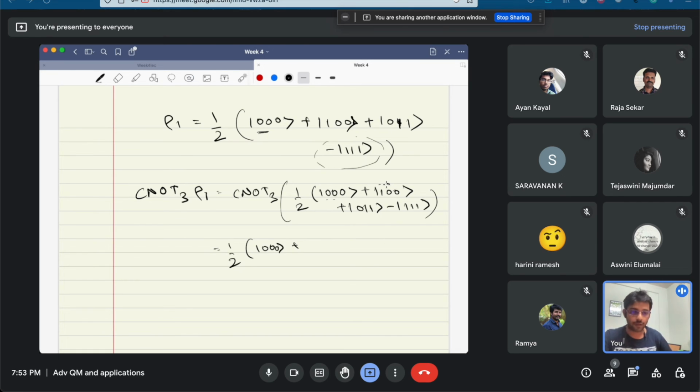That means again it won't do anything at all, and we end up with the same state. Similarly, for the third one, we have 0 and 1. Again, it does not agree, but in the third one we have 1 1, so that means your state becomes 1 1 0.